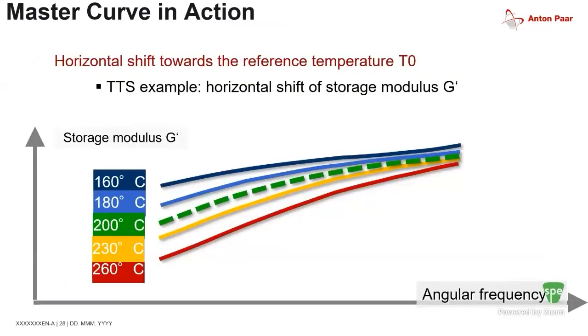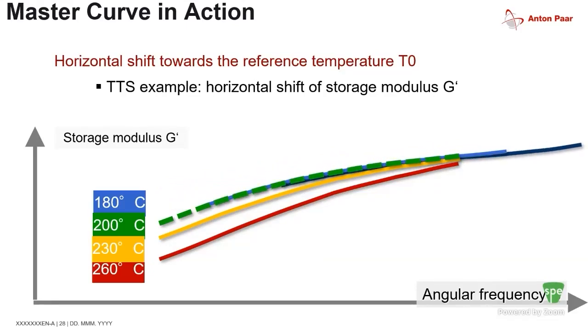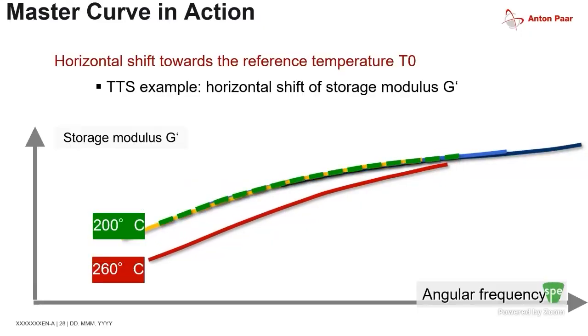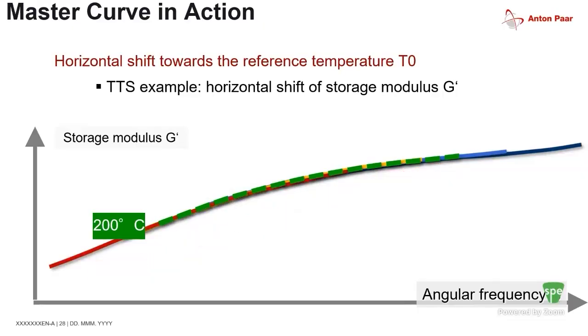And so if we look at that, just looking at the storage modulus, what you should see in the data is, again, you first pick a reference temperature, typically in this case 200. You should see the shape of the curves for all the different temperatures look fairly similar. It looks like you can shift the data fairly easily in this case. And so lower temperatures shift to higher frequencies, whereas higher temperatures shift to lower frequencies.